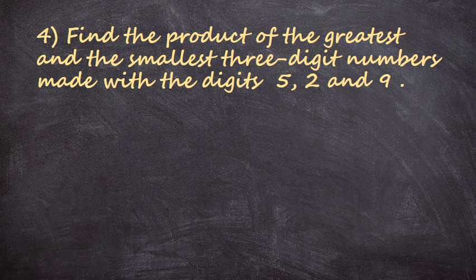So the product is to be found of the greatest and the smallest 3-digit number made out of the digits 5, 2 and 9. Let's see the solution. Given digits are 5, 2 and 9.